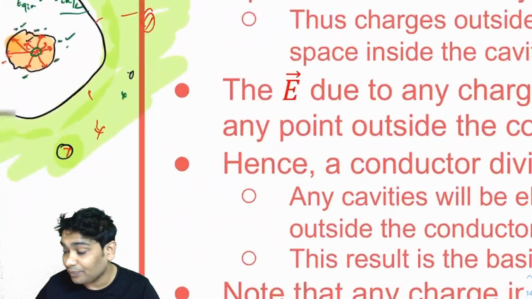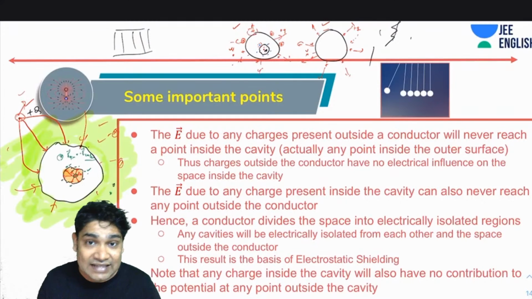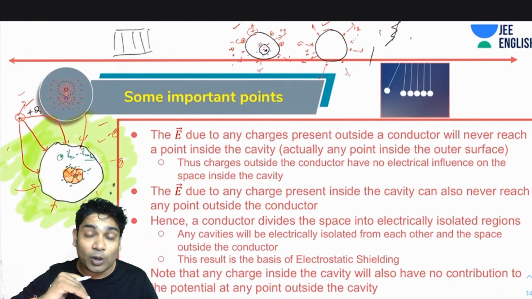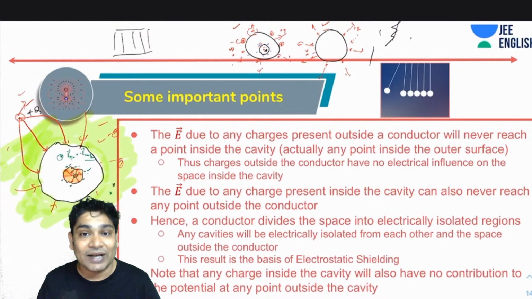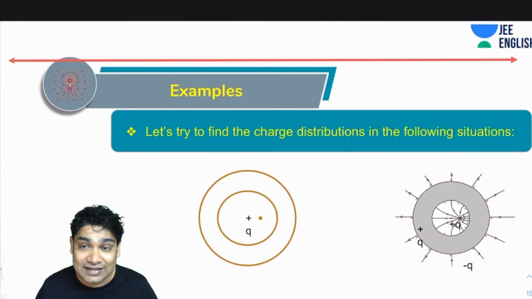So remember this: the induced charges will not only cancel the electric field due to a charge present inside the cavity for all points lying outside the cavity, they will also cancel their potentials. If you remember that, then you can answer some very easy questions.